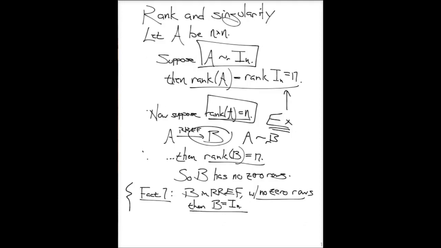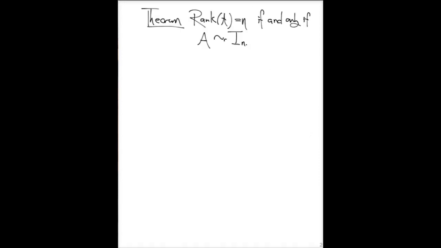And so we know that A, in fact, is row equivalent to the identity matrix, since we've shown B to be the identity matrix. And this is our last main theorem of this section. If A is an n by n matrix, then its rank is n if and only if it is row equivalent to the identity matrix.